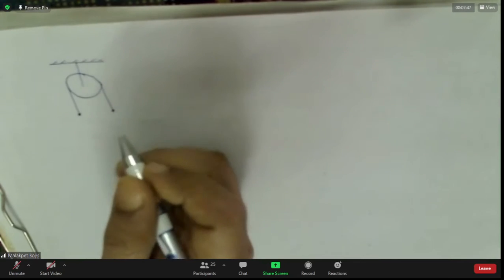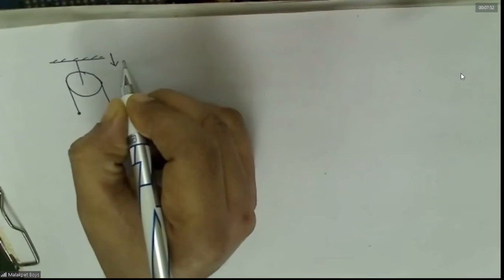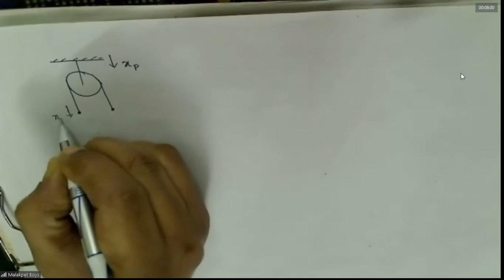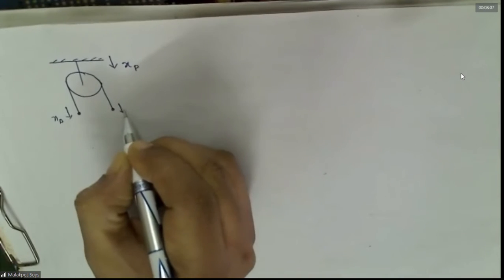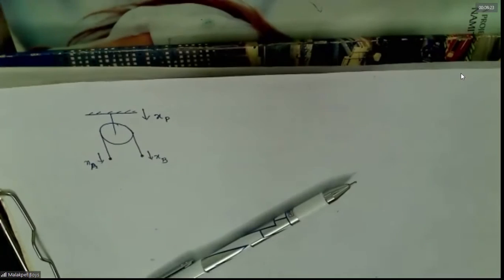Suppose this pulley moves like this, and this end A moves with XA. Okay. This end B moves like this. You're able to follow or not? I'm taking an example that there is a single pulley. The pulley is moving. Understood what I'm saying?